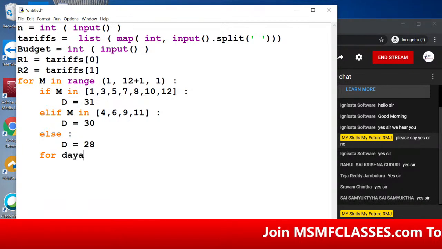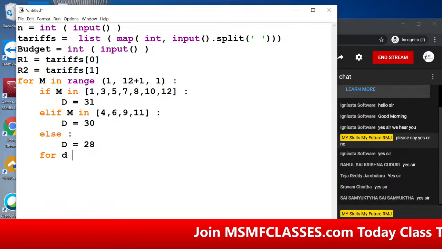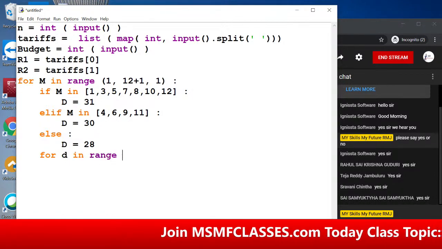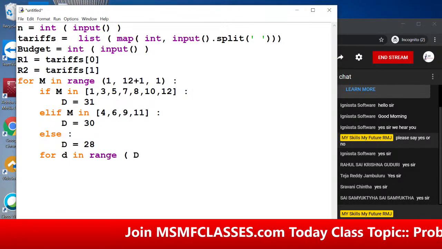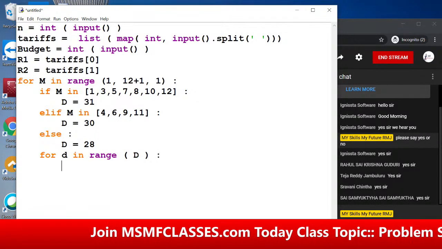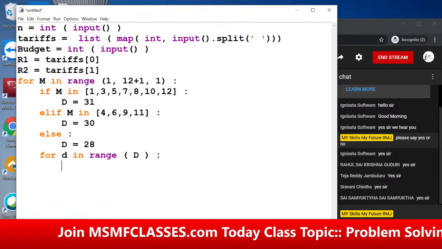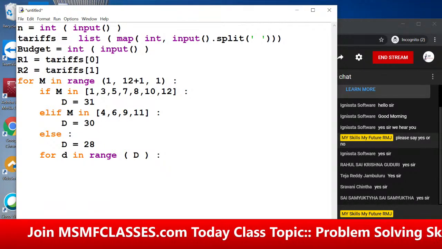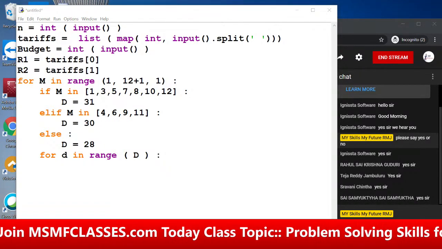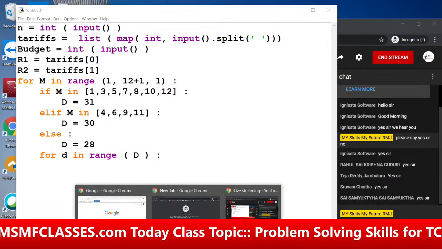Okay. Now for day in range, let us call this small d. For day in range, say capital D, number of days in the month. So what is the expression? What is the expression?